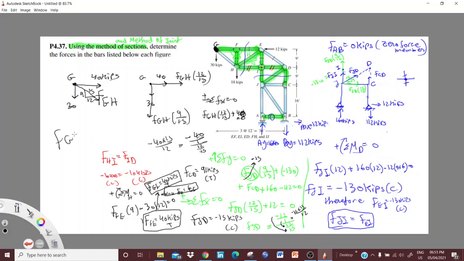So FGH is equal to negative 50. So GH is equal to negative 50. Okay, so we found this one. This number is negative 50 kips.